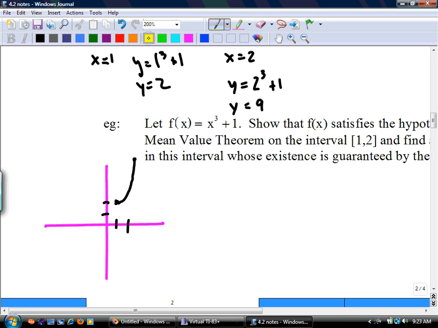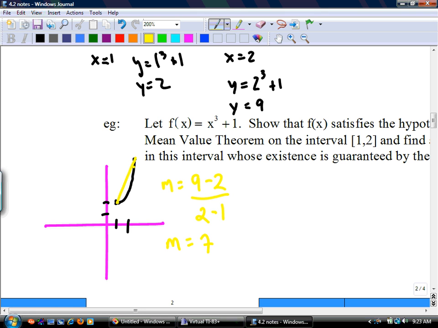And then I would join it up with a yellow secant line. The slope of the yellow secant line is 9 minus 2 over 2 minus 1. And m is 7.